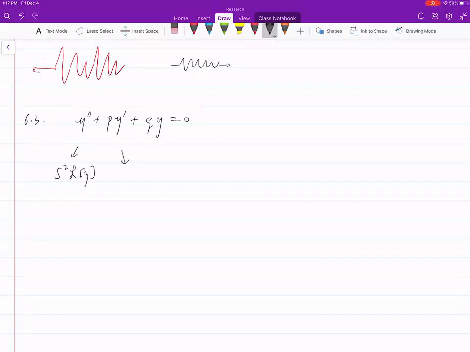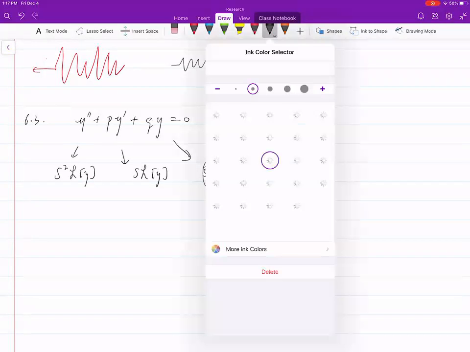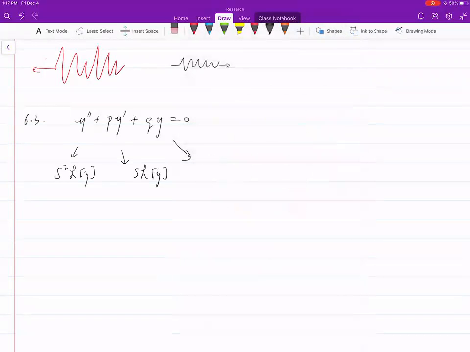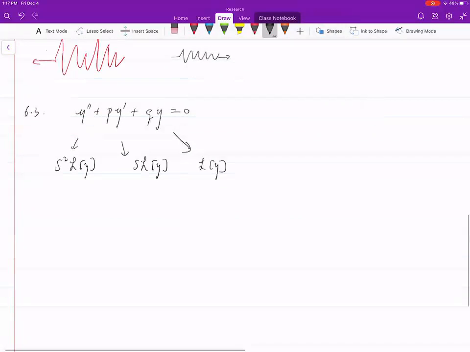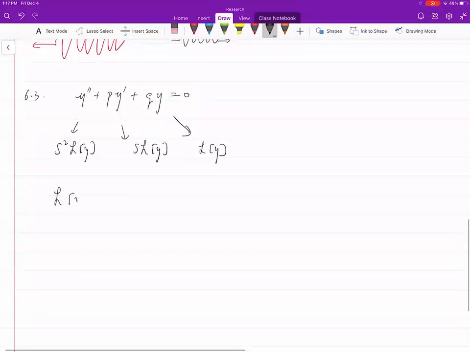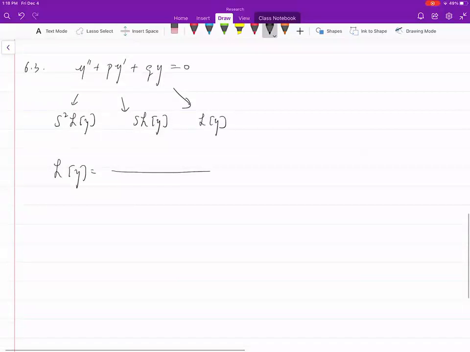This one, if you do Laplace transform, gives you this. This one gives you this. So eventually, if you solve this algebraic equation, what you will receive is something like this. The top will be your initial condition, but the bottom will be exactly the characteristic equation.